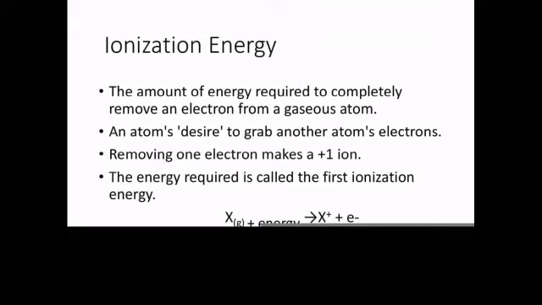Ionization energy. Ionization energy is the minimum energy required to remove an electron from an isolated gaseous atom in its ground state to form a cation. It is otherwise called ionization enthalpy. It is measured in kilojoules per mole. The higher the ionization energy, the more difficult it is to remove the electron. As the atomic size decreases from left to right in a period, more energy is required to remove the electrons.